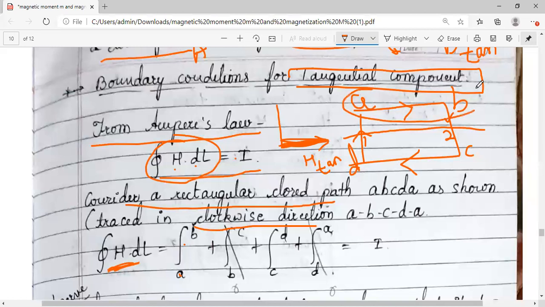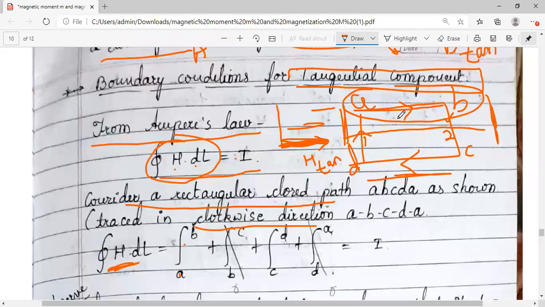Obviously, AB and CD are parallel, same line में है. What about BC and AD? They are perpendicular to this tangential component. So what we are doing? We are considering the tangential components in this rectangular loop.